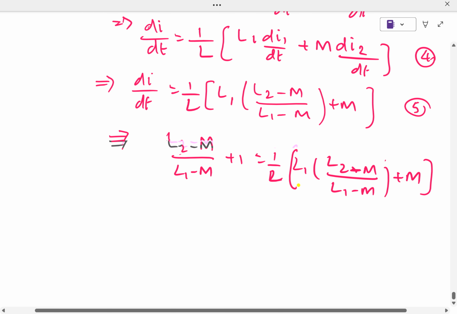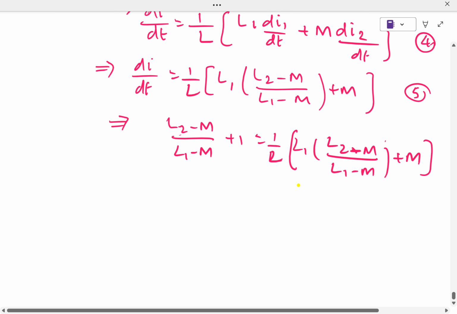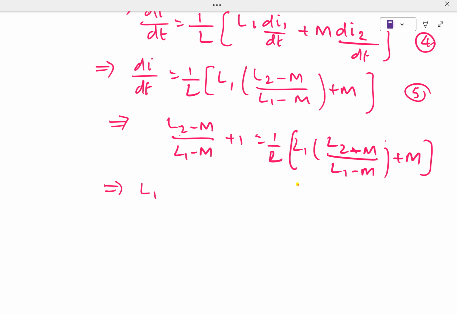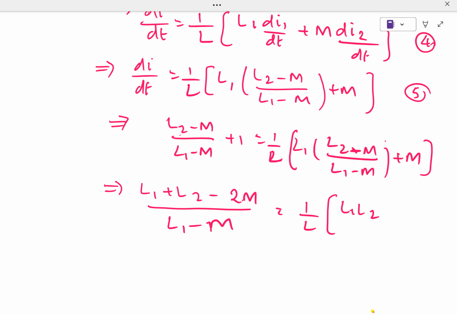By simplifying, we get (L1 plus L2 minus 2M) over (L1 minus M), which is equal to 1 over L times (L1 L2 minus M square) over (L1 minus M).